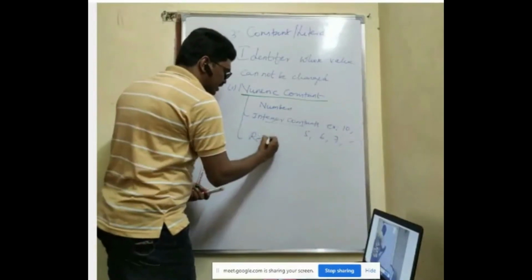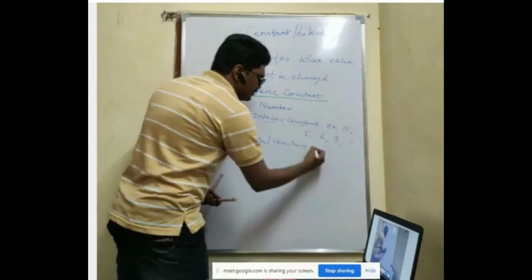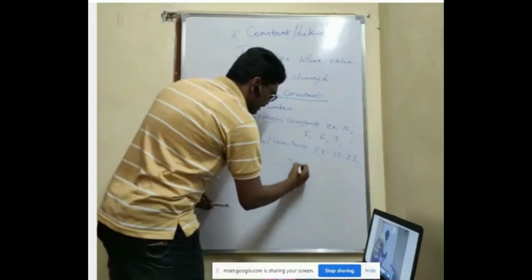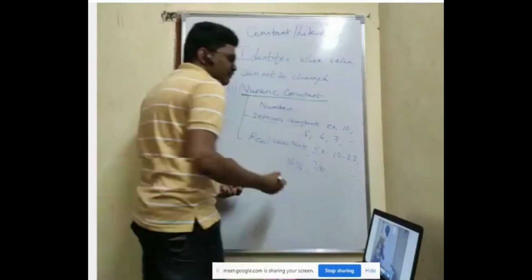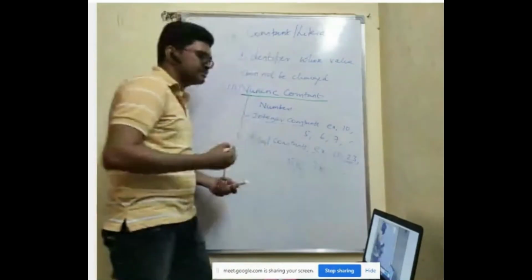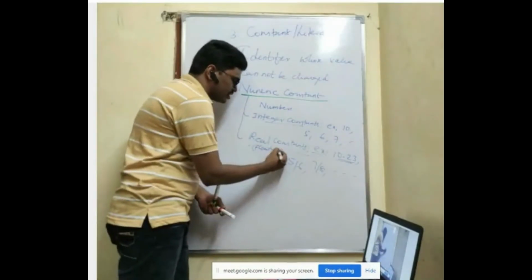The next one is real constants. These have the fractional part, like 10.23, 5 by 6, 7 by 8. If you have the fractional part or the decimal point, we will call them real constants, or they are also known as floating point constants.